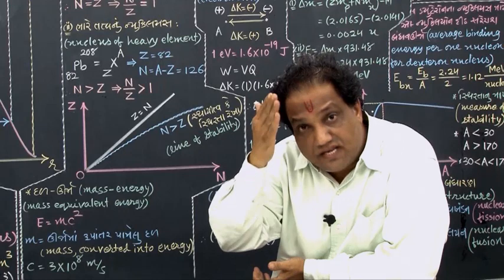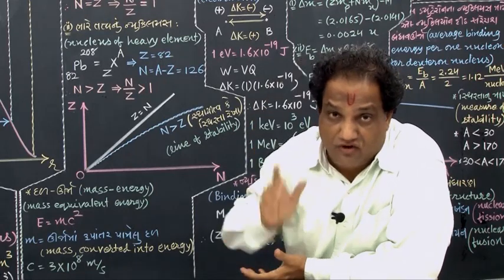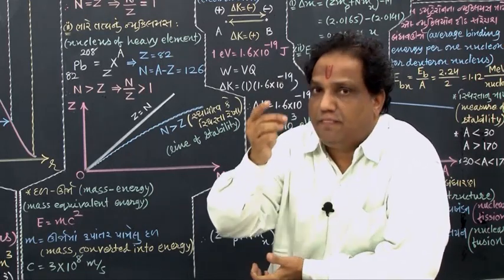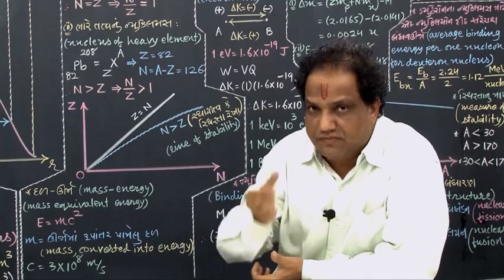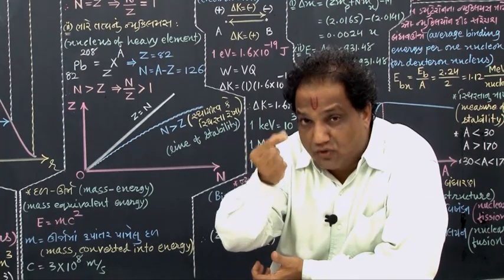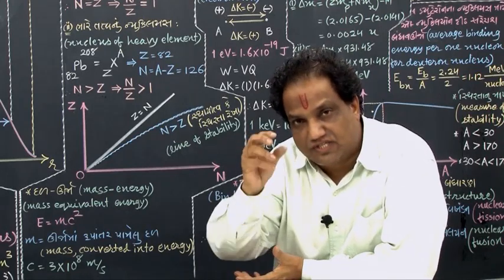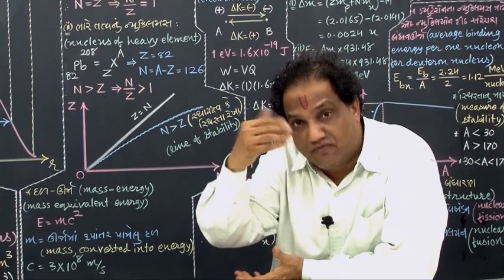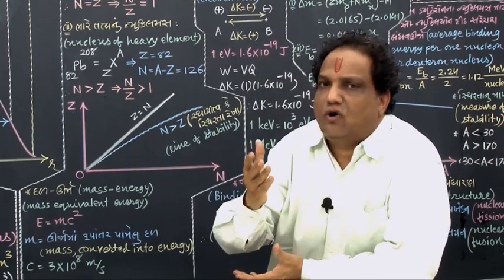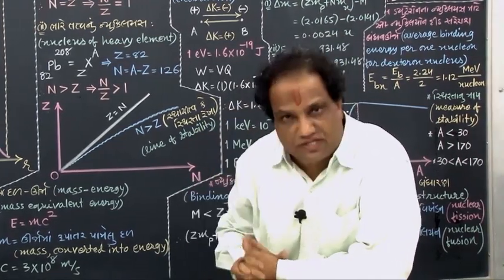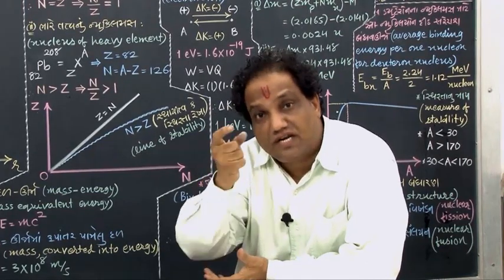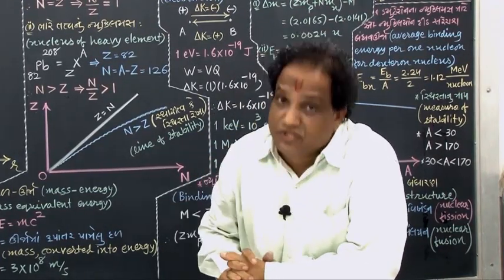The very first time, Einstein proved in his special theory of relativity that mass is nothing but a quantity which is equivalent to some amount of energy. That mass which, when converted into energy, you can call mass energy. Though it is a mass, it is equivalent to some amount of energy.